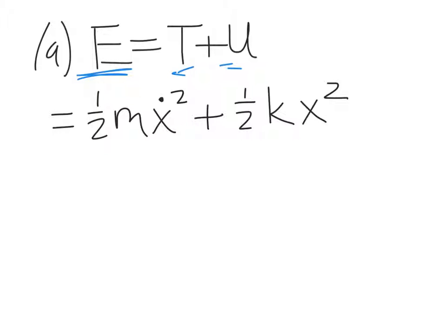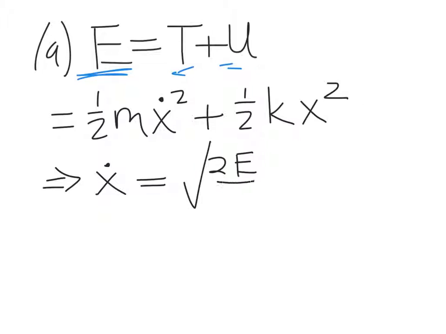So we can rewrite this equation and solve for x dot, and just skipping to the solution, you get a solution that looks like this. x dot is going to be equal to the square root of 2E over m minus k over m x squared.